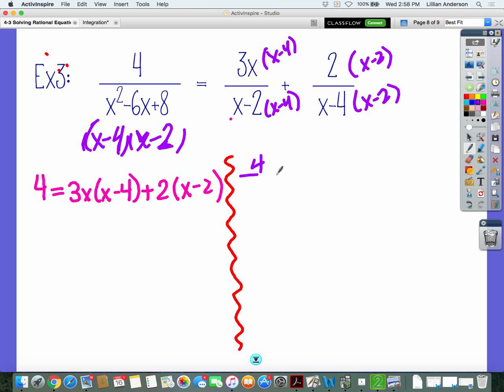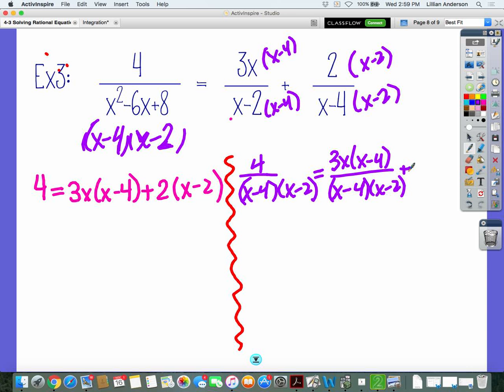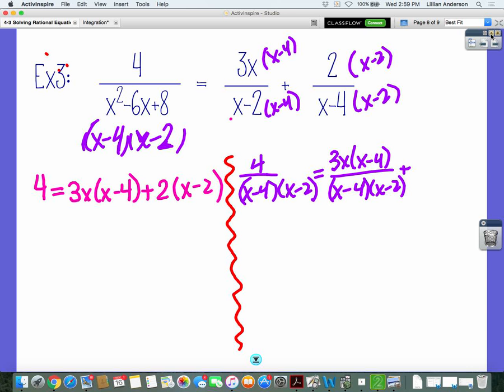Then I can write it as one denominator, like one fraction on that side.